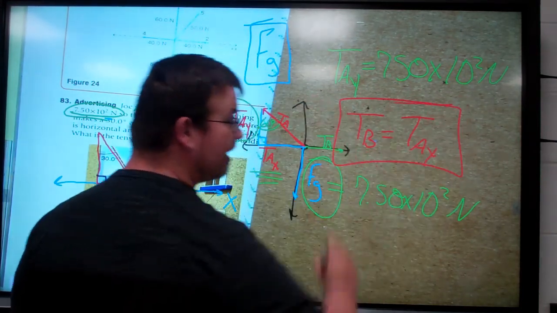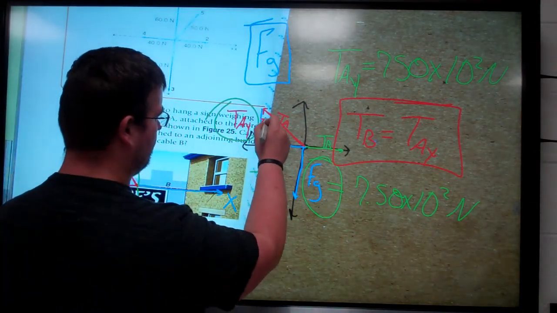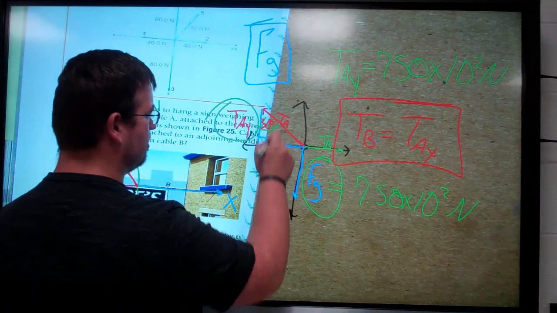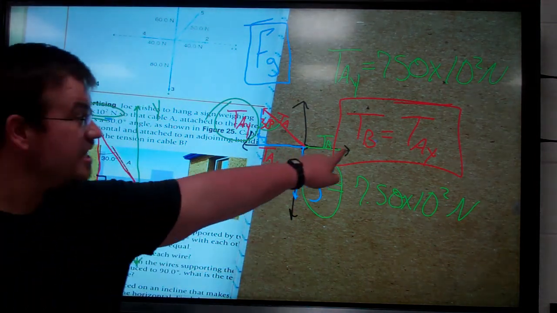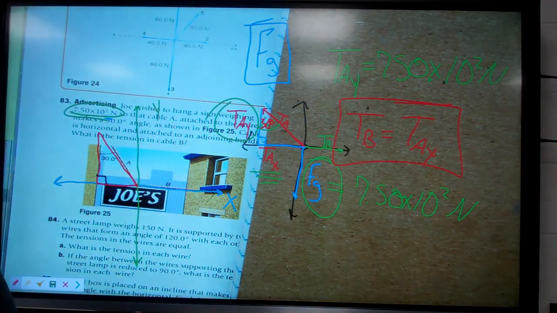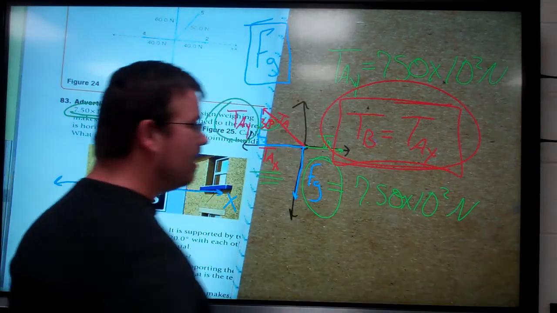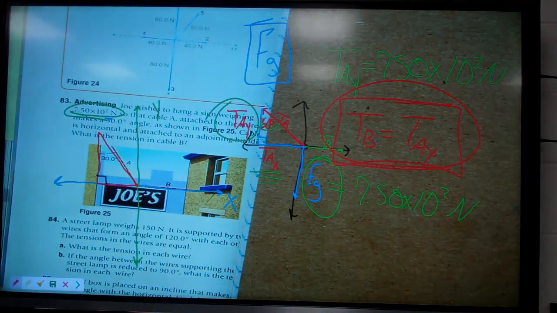There's your identity. Now you can solve the problem because you now have the relationship that you can solve for.